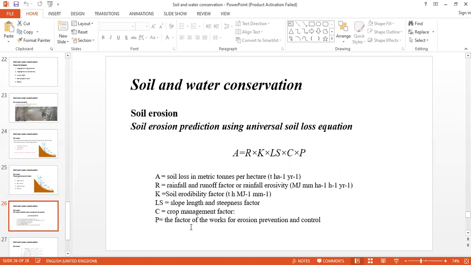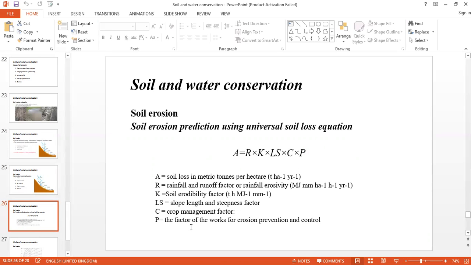This equation is the one that we looked at even in the previous course. It's just estimating the amount of erosion that can take place. It's a function of the rainfall erosivity, the soil erosivity, the slope, the crop management, and the management practice.